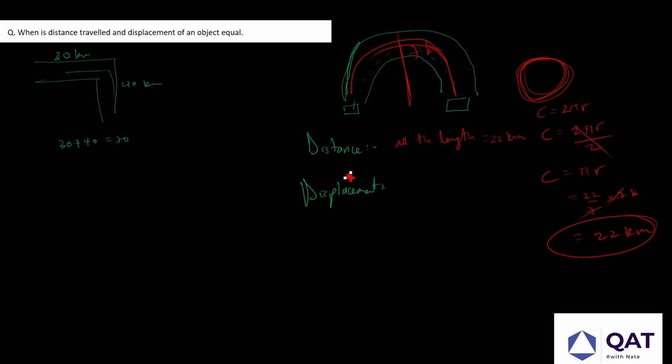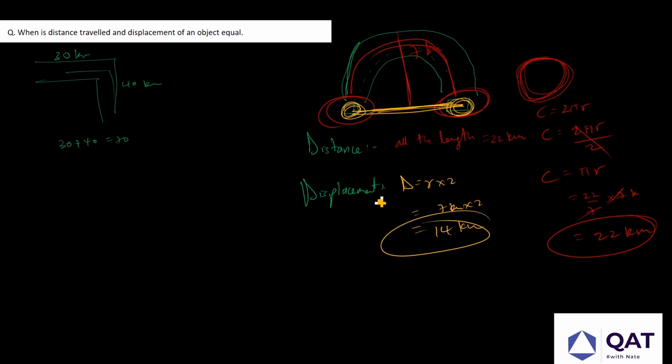However, when I calculate the displacement, I would just need to consider the initial position and the last position. And when I do that, I just need the straight line, the shortest possible line that connects the starting position and the stopping position, and it is the diameter, if you can notice it. So the diameter is just radius times 2, and radius is here 7 kilometers, times 2 is 14 kilometers.